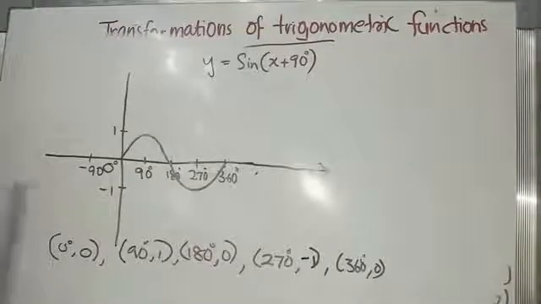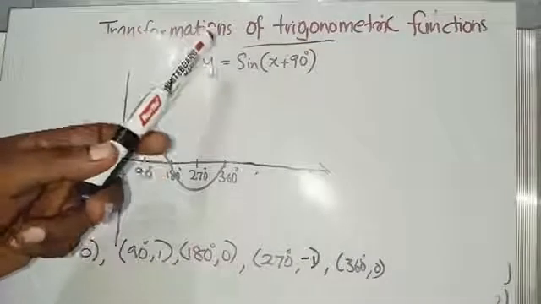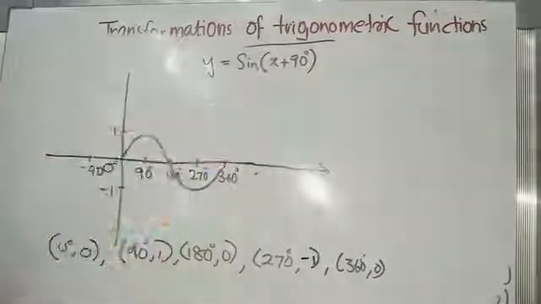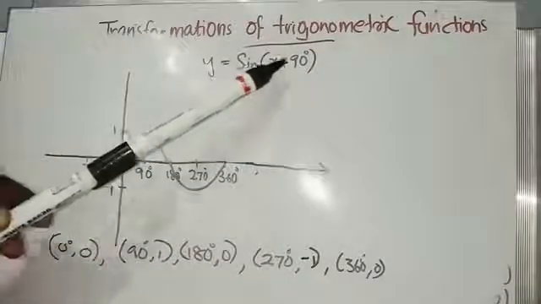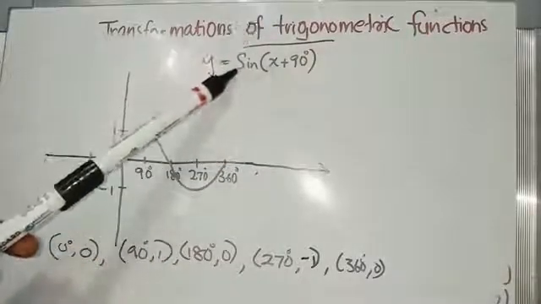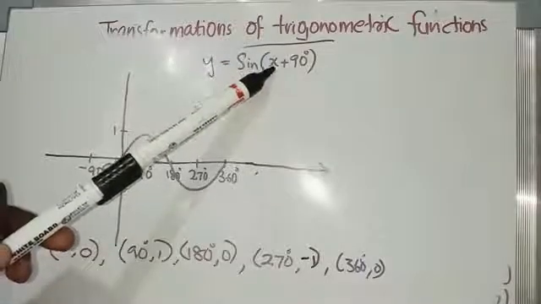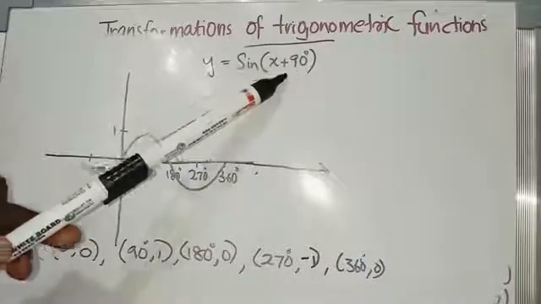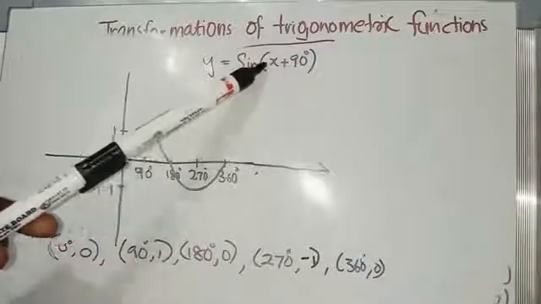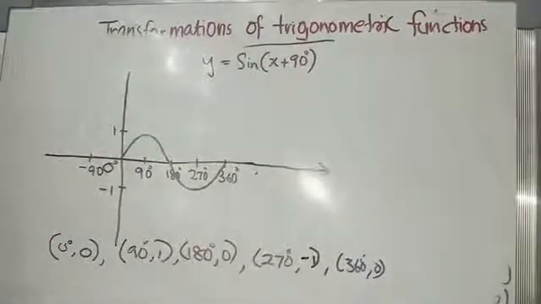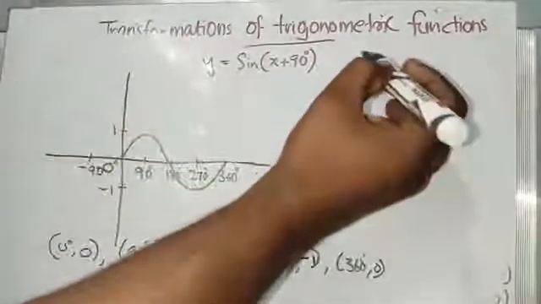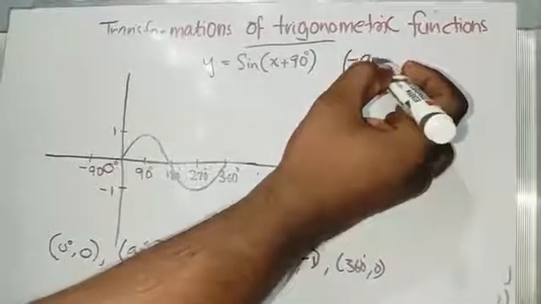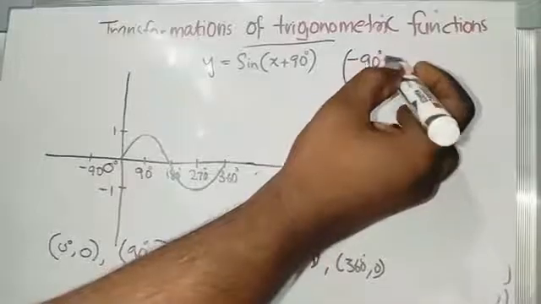So let us make a translation of y equals sin of (x plus 90 degrees). When you check this question, you can find x is added with 90 degrees. That means there is a horizontal translation. x gets changed with a translation vector (minus 90, 0).